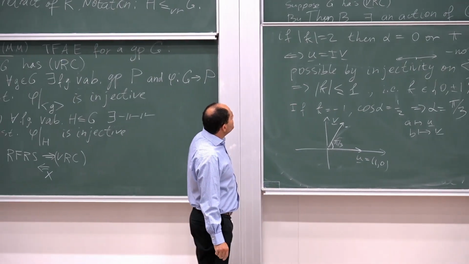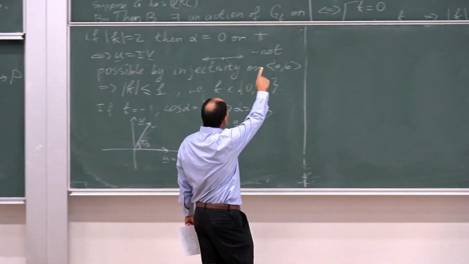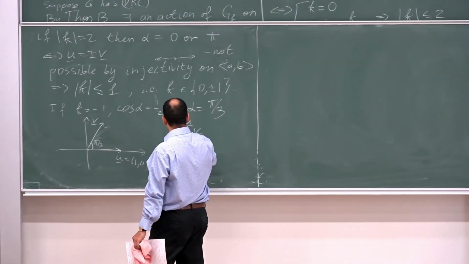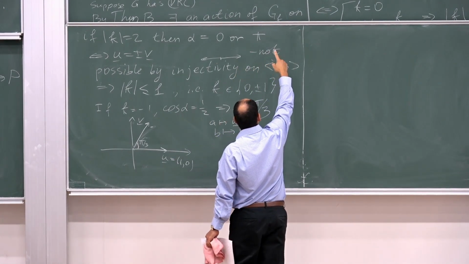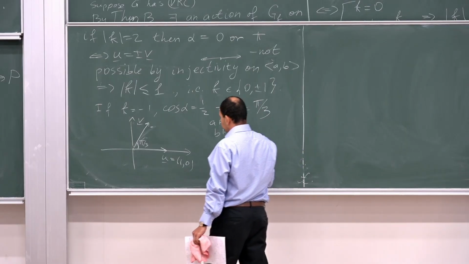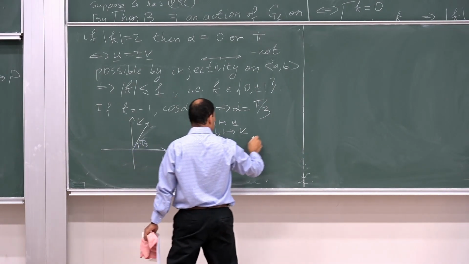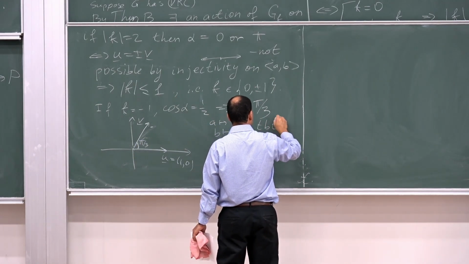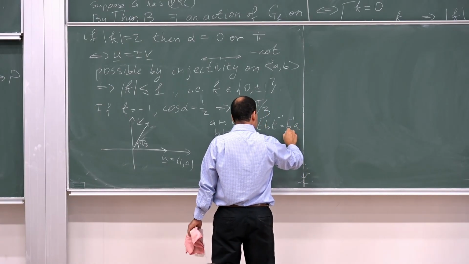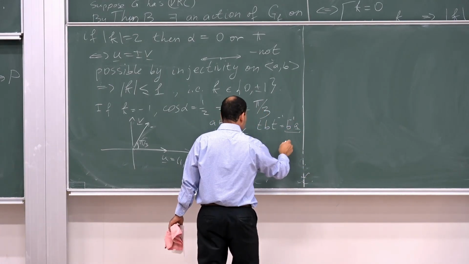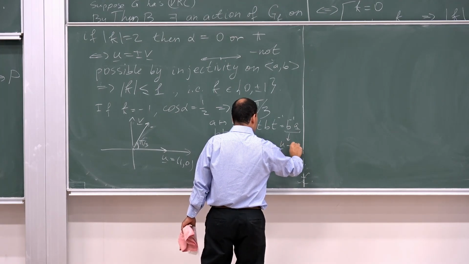And the third relation, when k equals -1, says B is conjugate to B inverse A. So T B T inverse is B inverse A. So this means this third vector will go to u minus v, right?